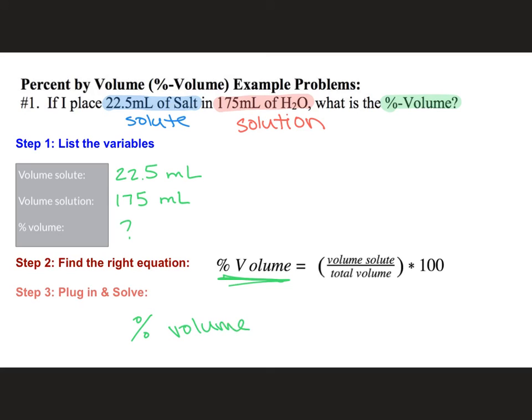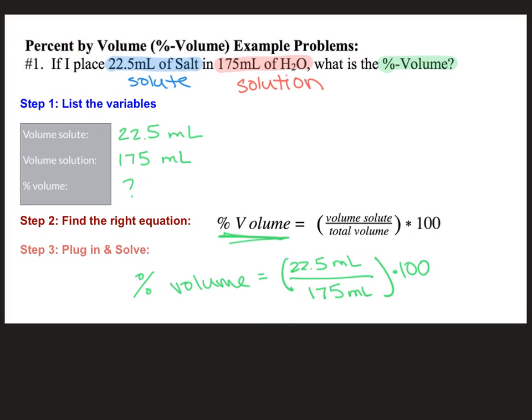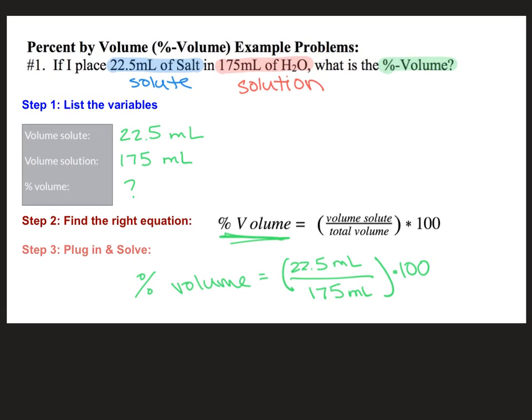So the percent volume equals the volume of the solute, 22.5 milliliters divided by the total volume, and then we multiply that by 100. I'm going to take my calculator. I'm going to first solve for what is inside of those parentheses. That is how we won't have a lot of calculation errors.